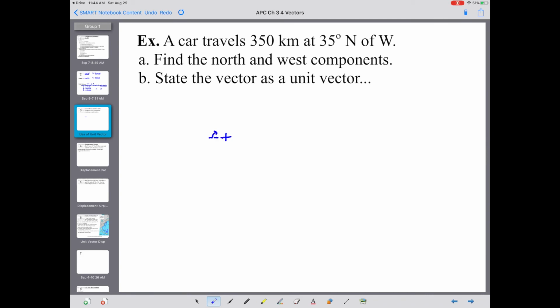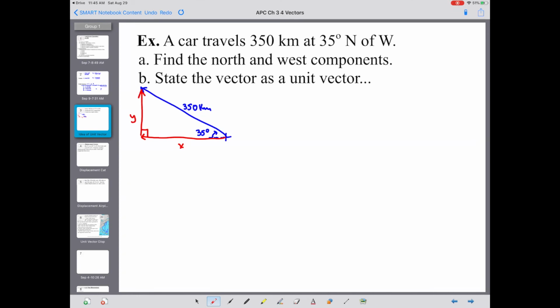I would rotate toward the north 35 degrees, and then we would draw our vector, 350 kilometers. We want to find the components of that, and so we're looking for making that the hypotenuse of a right triangle, where this would be the x and this would be the y.